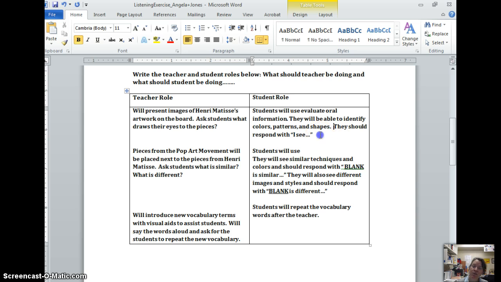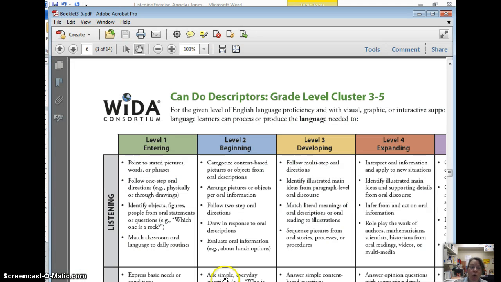If he can't respond orally, she can also incorporate parts of the can-do descriptors. He can point to stated pictures, words, or phrases. So he can point to what draws his eyes to the Henri Matisse work.